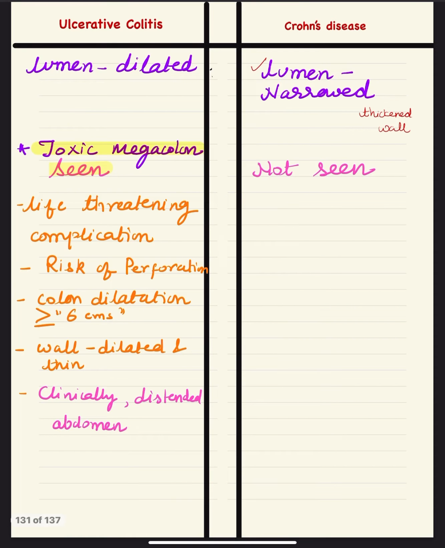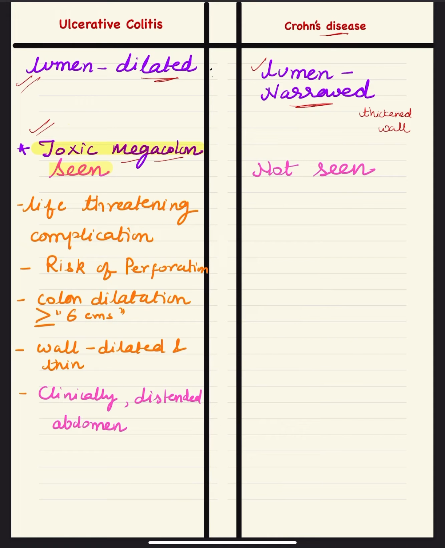Now, I told you that the lumen in ulcerative colitis is dilated while it is narrowed in Crohn's disease because of the thick fibrosed wall of the intestine. Next, in ulcerative colitis, sometimes when there is overwhelming inflammation, it will involve the nerve plexuses in the intestine. That will cause toxic megacolon.